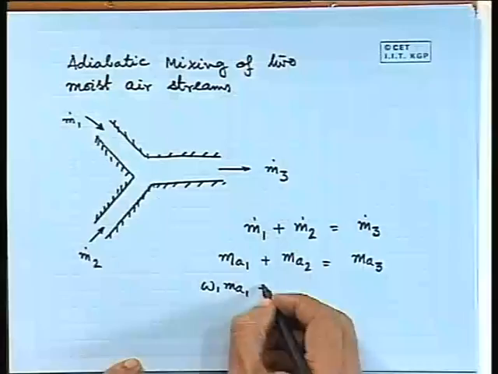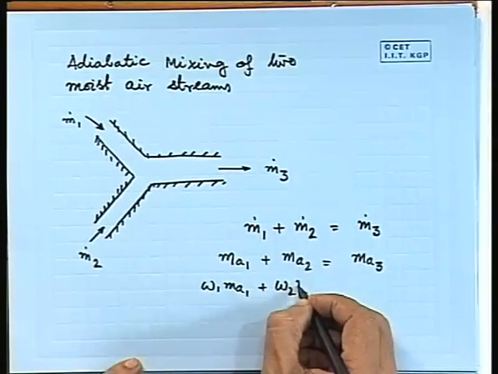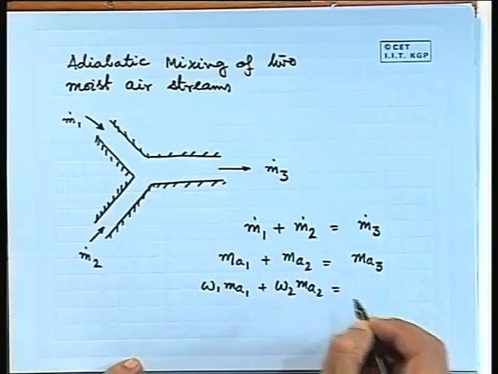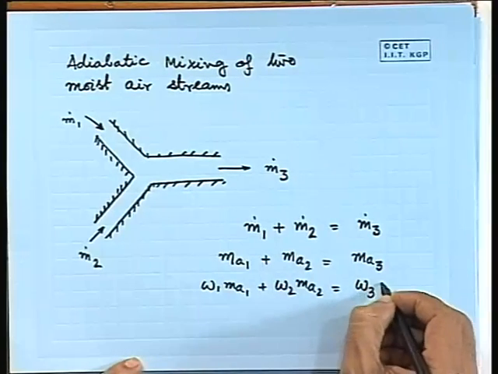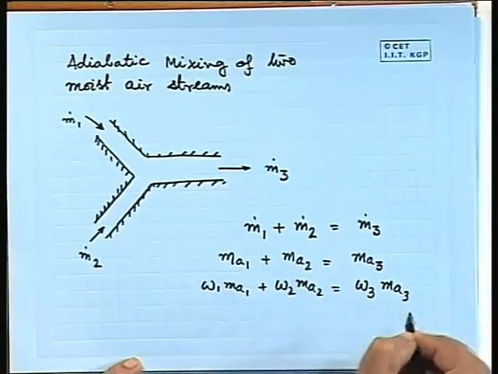This we can write always, but the second one, that is W1 mA1 plus W2 mA2 equals W3 mA3, we cannot write always. We can write it only when there is no separation of moisture.